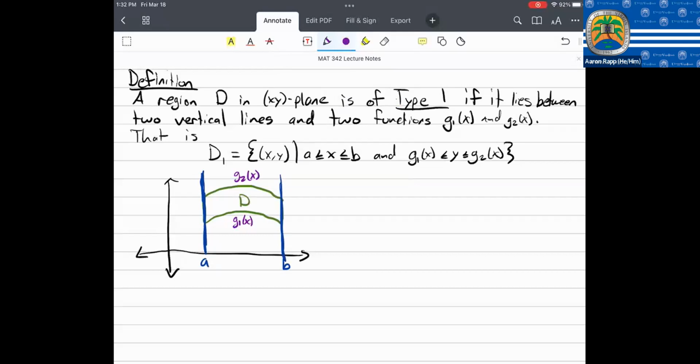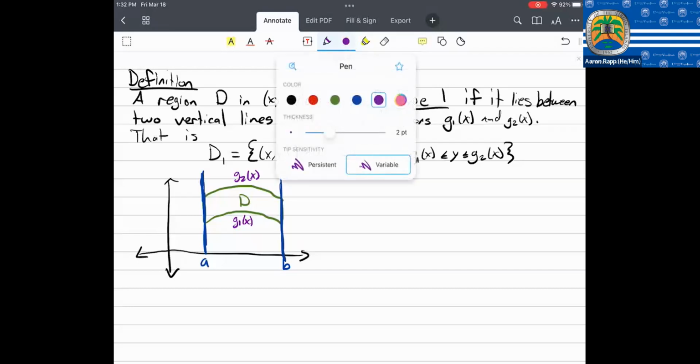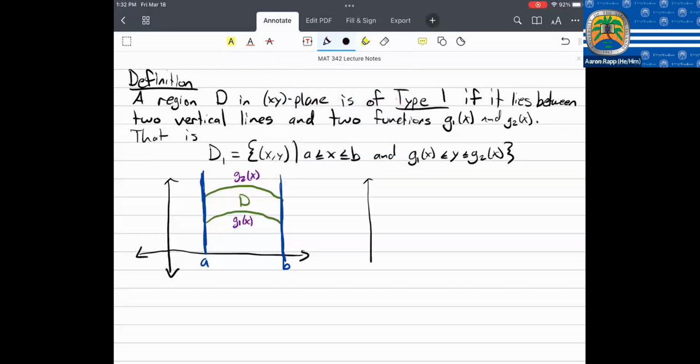And the y values of this region are always going to be somewhere between whatever this line is between g1 of x and g2 of x. Doesn't have to just look like that. This would be a more complicated function because it's a piecewise function.